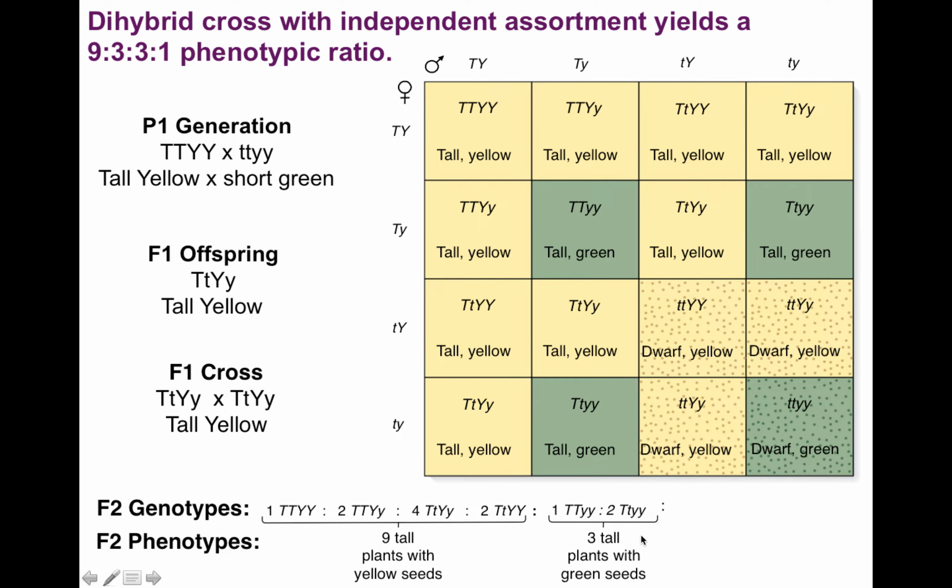We have 2 different genotypes that produce that. 3 dwarf, which is the recessive phenotype, with yellow seeds, the dominant phenotype, and then 1 plant that has both recessive phenotypes displayed, this one right here. Okay, that's what happens if the genes are assorting independently, if they're not linked together.